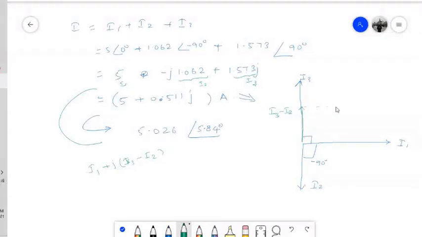So if you want to find I1 plus j into I3 minus I2, this will be the resultant I1 plus j into I3 minus I2. And this angle will be how much? 5.84 degree. And here these angles are not up to the scale, as well as these magnitudes are also not up to the scale, but this marking is important. So I have not accurately calculated this angle and drawn.